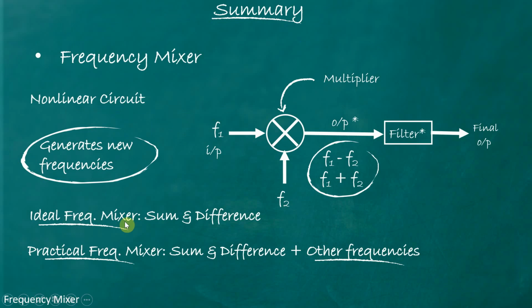So let's quickly see the summary again. A nonlinear circuit generates different frequency components. An ideal mixer generates two frequency components, sum frequency and difference frequency. But a practical frequency mixer generates the sum frequency, the difference frequency, plus other frequency components, as we discussed in the previous example.